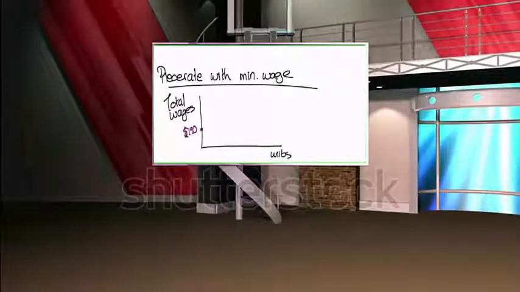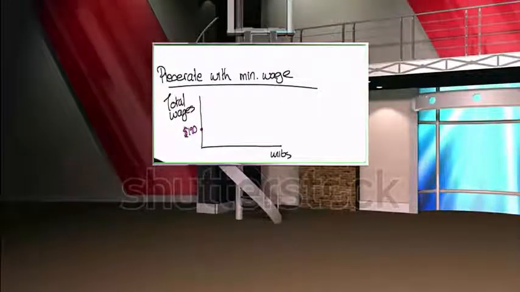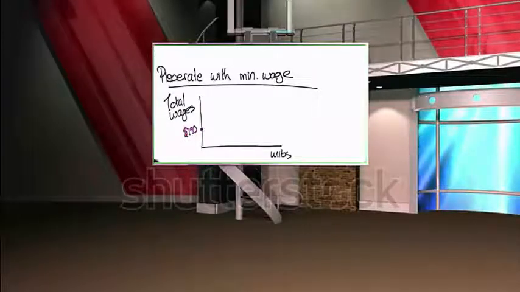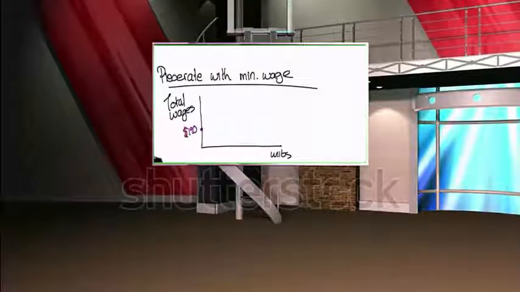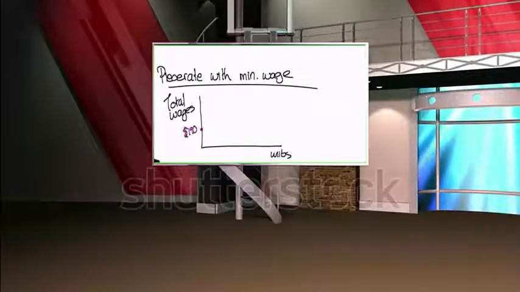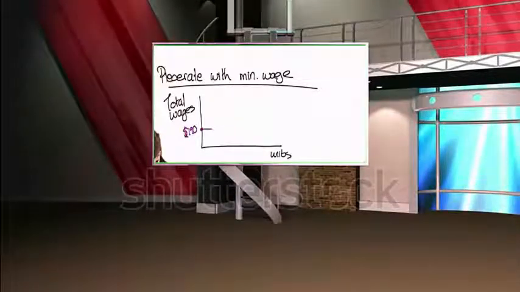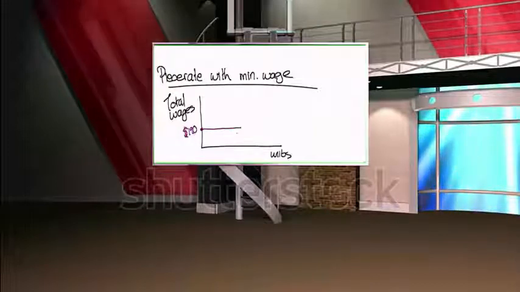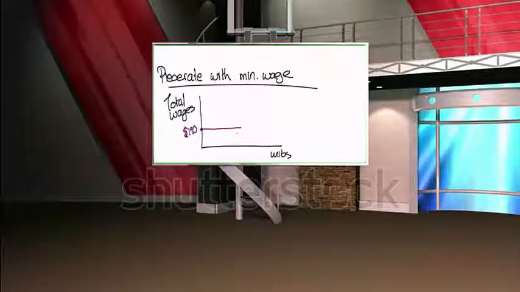What happens as their level of activity increases? Well, as we saw when we calculated a few numbers, when they produce 50 units, their total wages will still be the minimum wage. Same applies when they produce 75 units. So, as our level of activity increases, up to a certain point, the employee will still only be receiving the minimum wage.